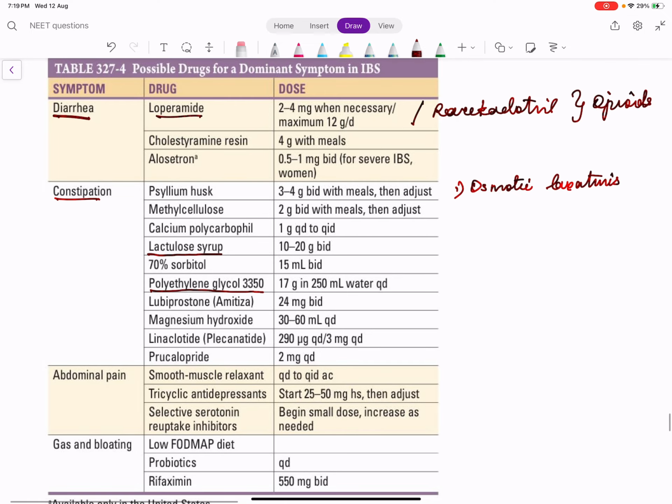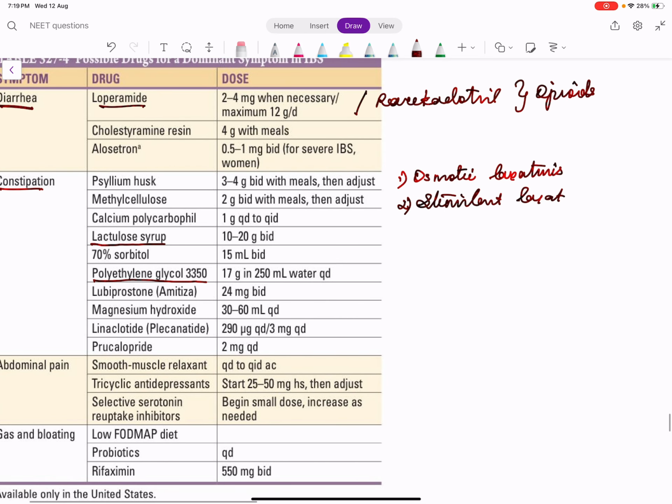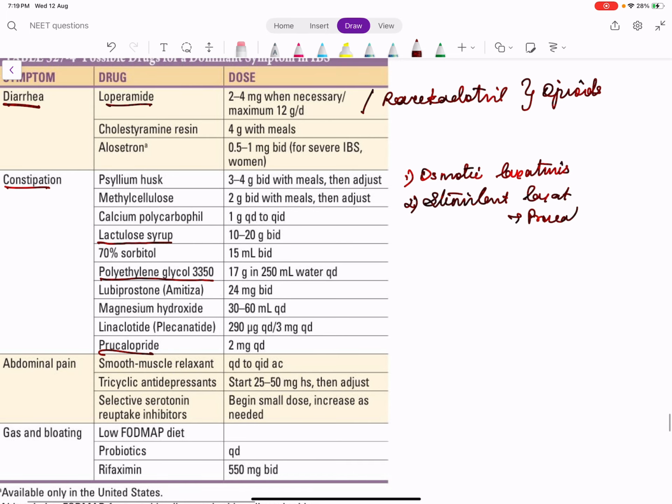So lactulose is an osmotic laxative. Then you have stimulant laxatives. Example, prucalopride. Right? Prucalopride or bisacodyl. These are stimulant laxatives. When the bowel motility itself is low, we can use stimulant laxatives.